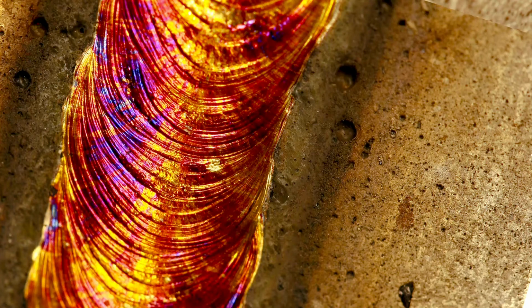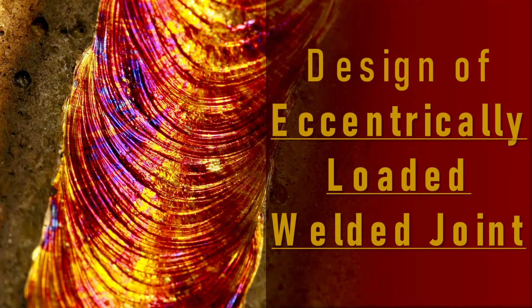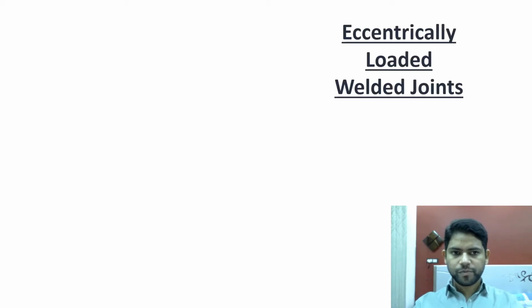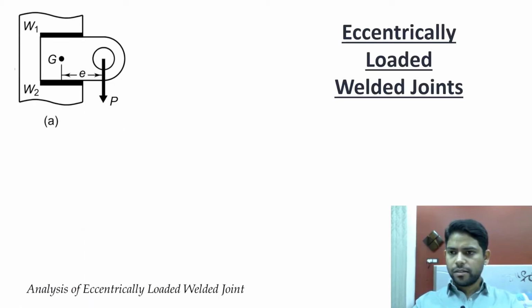So let's start with the design of eccentrically loaded welded connections. In this figure, you can see that there are two different plates. This is your first plate and this is your second plate, subjected to a load of magnitude P acting vertically downwards.